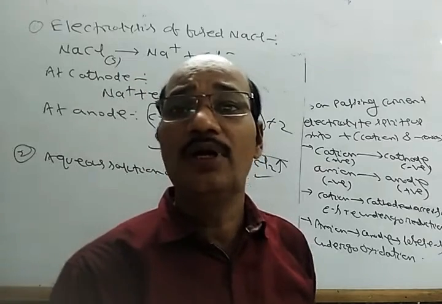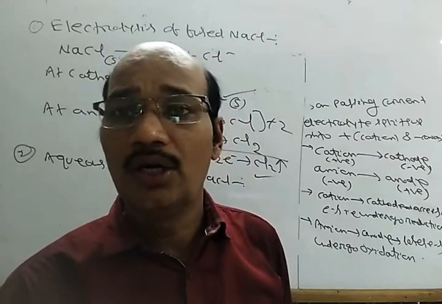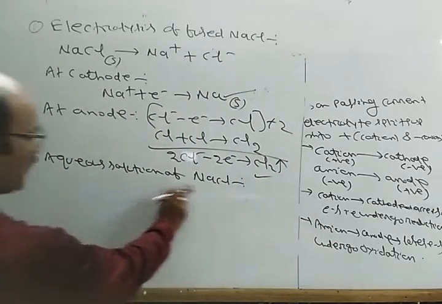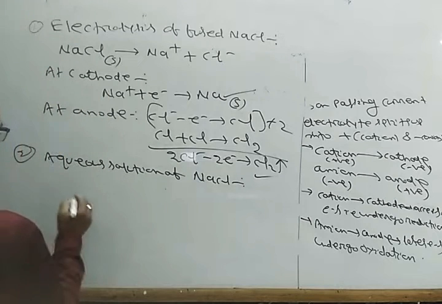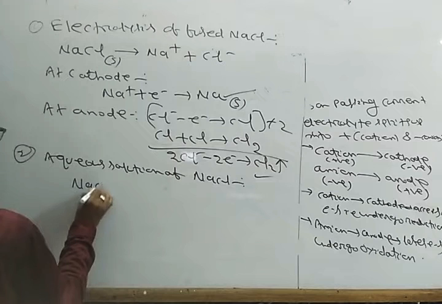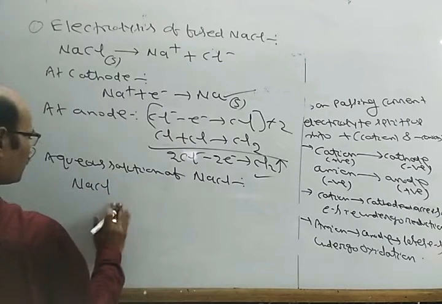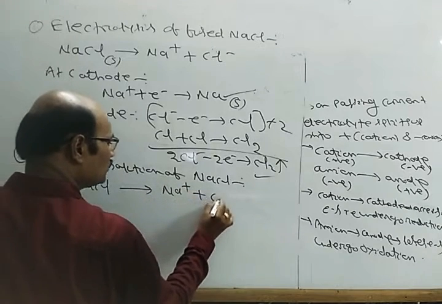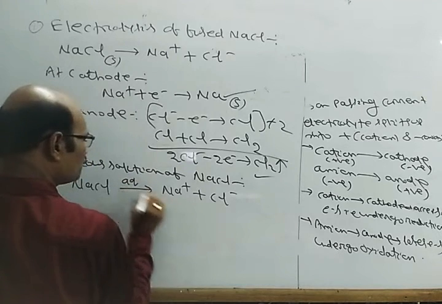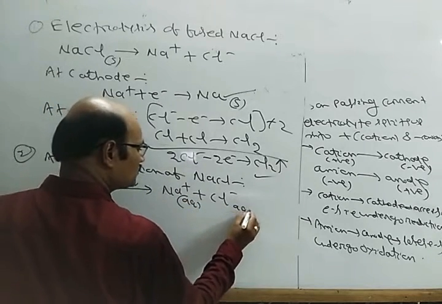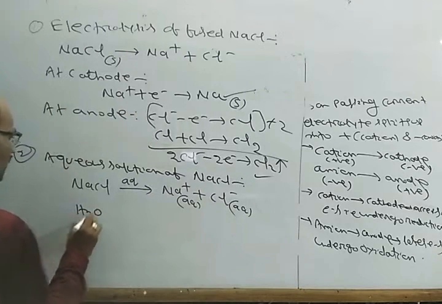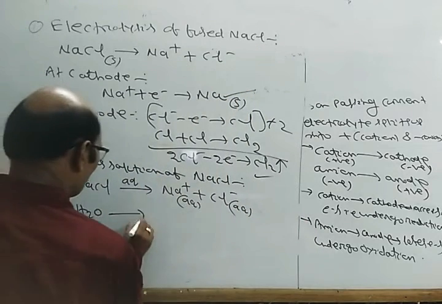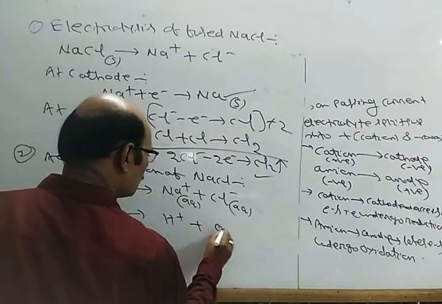Now suppose we have more than one cation or more than one anion, for example an aqueous solution of NaCl. Here NaCl divides into Na plus aqueous and Cl minus aqueous, and because we have an aqueous solution, we also have H plus and OH minus.